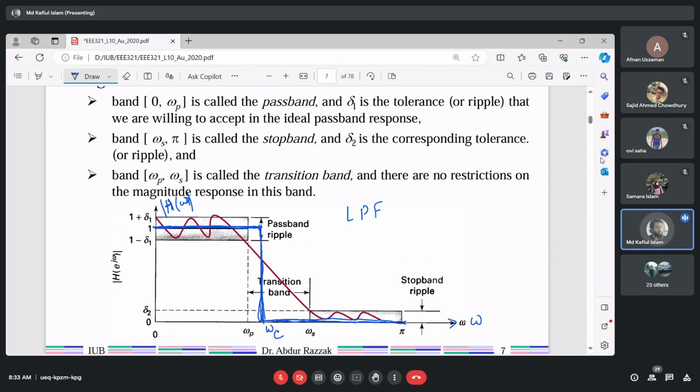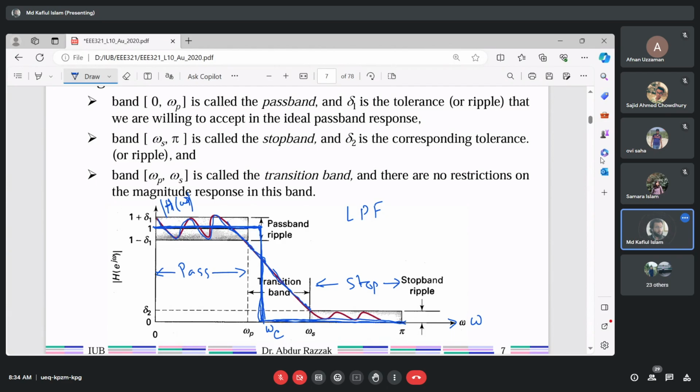But in general, a practical response is not as simple as an ideal one. In a practical response, we will find that there are fluctuations in the pass band. So this is my pass band, and this is my stop band. In between, because the transition is not immediate, that means the slope is not infinity, it has some finite slope, so it takes some transition to go from gain 1 to gain 0.